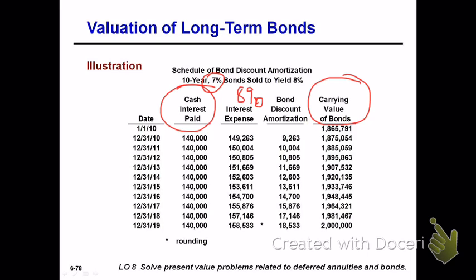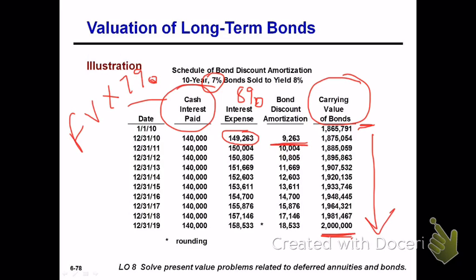So we're going to take the current principal, multiply it by 8% to find the interest expense. Our cash interest payments are the face value times the 7%, the stated rate of interest. The difference between those two is the amortization. We're trying to move this balance up to $2 million because that's what we need to pay out at the date that it matures.